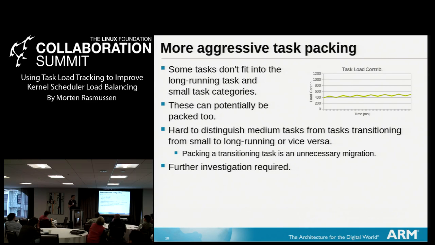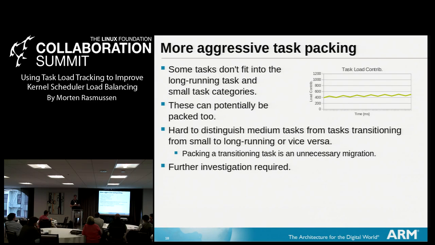I find that it's more difficult to pack medium-sized tasks, because if you have a medium-sized task where the track load is somewhere in the middle, is it because it's a medium-sized task, or is it because it's a little task that is about to become a big task, or the other way around? So we might not have all the information in the track load that we need to make a good decision there.